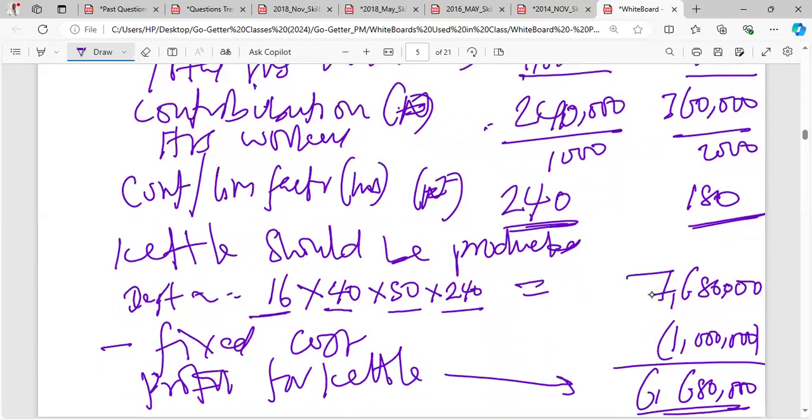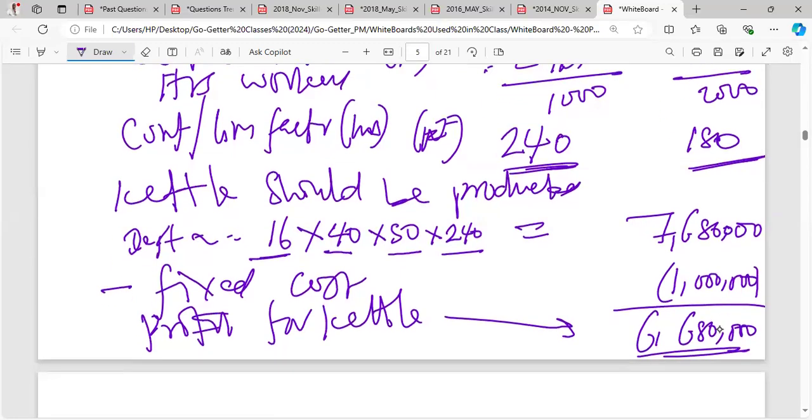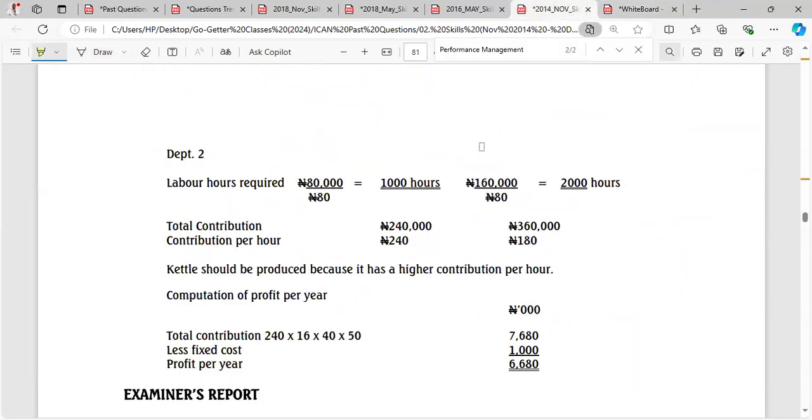So this is our contribution based on this limiting factor. Our fixed cost is 1 million. Our profit for making kettle is going to be 6,680,000. I do believe we understand this. Yes, that's what was done here.